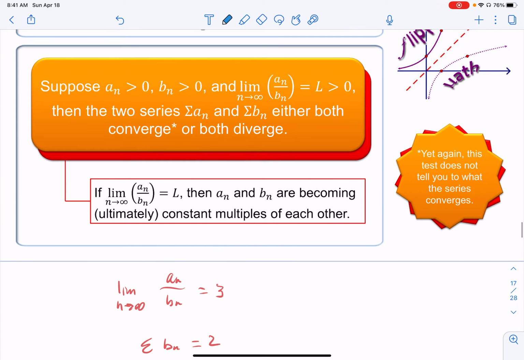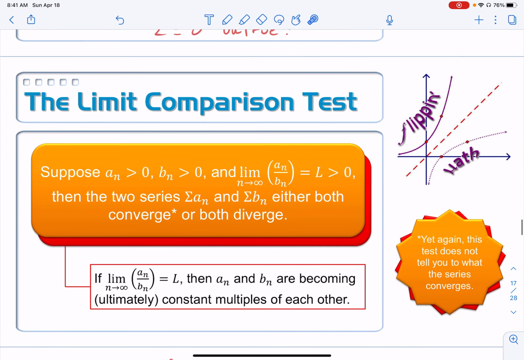Again, if I come back up over here, we can see that we have to establish this, and then we can draw our proper conclusion by the limit comparison test.